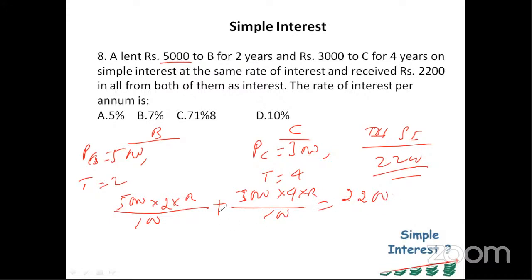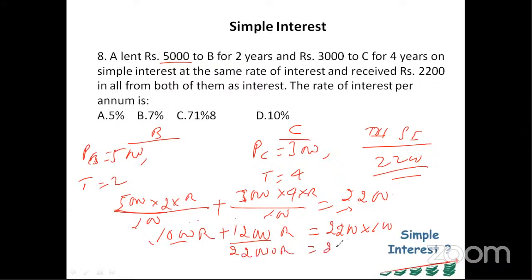If you multiply this 5000 by 2, it becomes 10,000 R, plus here 4 3s are 12, it becomes 12,000 R. This 100 is common, so 100 will remain in the denominator. This gets cross multiplied, is equal to 2200 into 100. So 10,000 plus 12,000, you get 22,000 R is equal to 22,000.